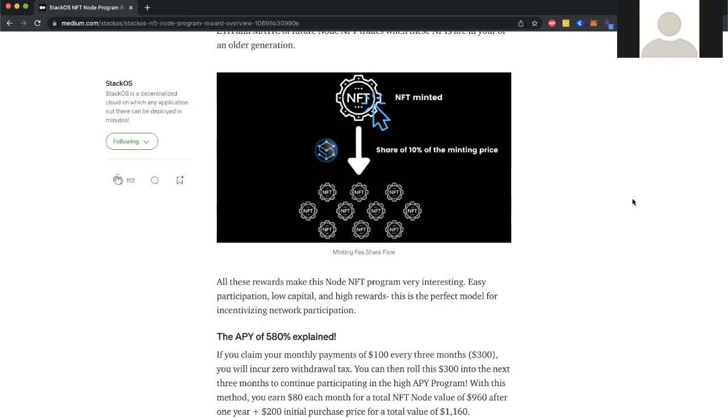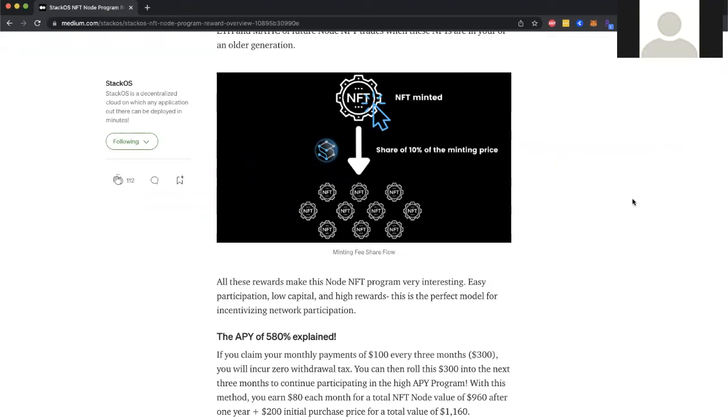So you have NFTs which were originally valued at $200. In, let's say, 3 months, they have $80 worth of stack tokens locked in, so about $240 worth of stack tokens are pretty much locked into the NFT.